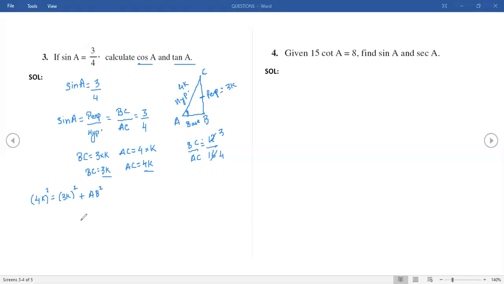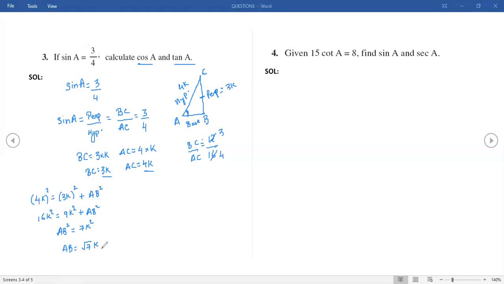So I can write 16k square is equal to 9k square plus AB square. So AB square will be nothing but 16 minus 9, that is 7k square. So I can write AB as root 7 k.